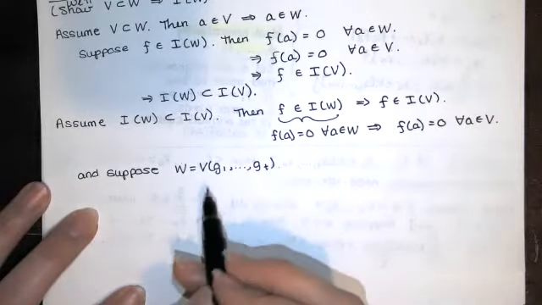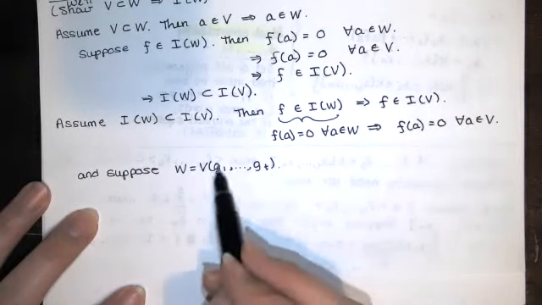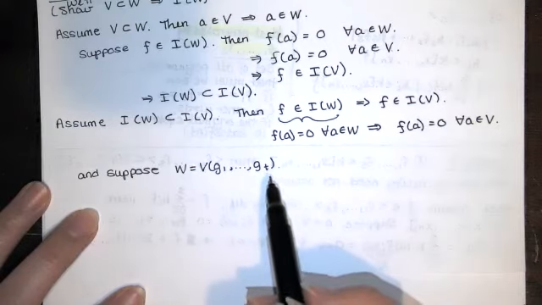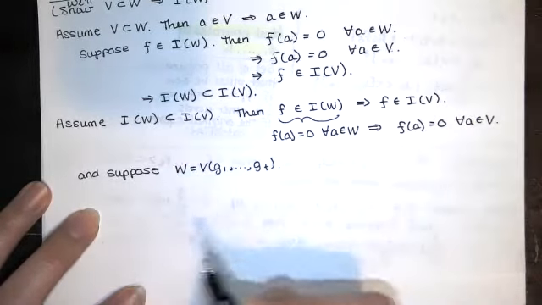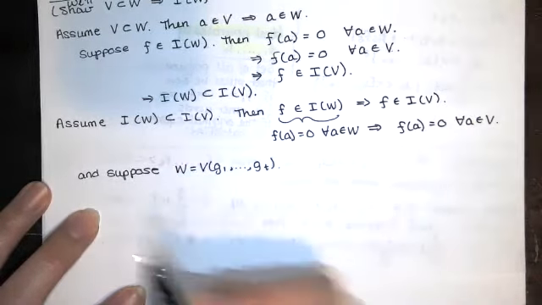Then obviously, g_1 through g_t, if those are all equal to 0, have to belong to the ideal of W. So by definition of W and the ideal of W, g_1 through g_t must belong to the ideal of W.